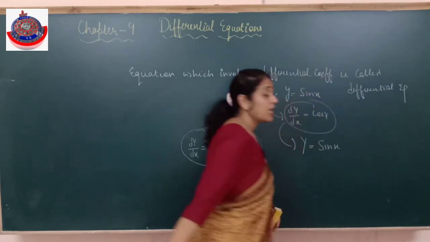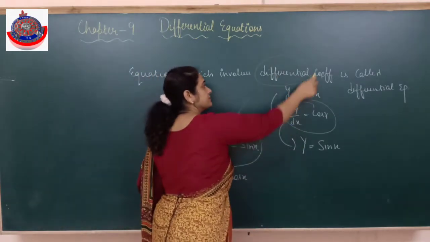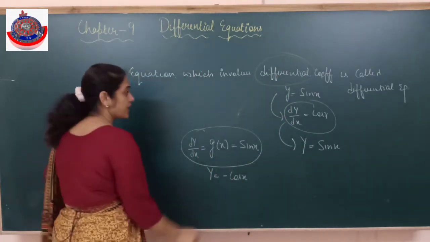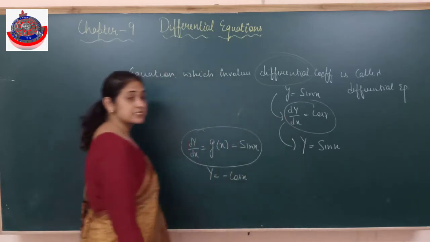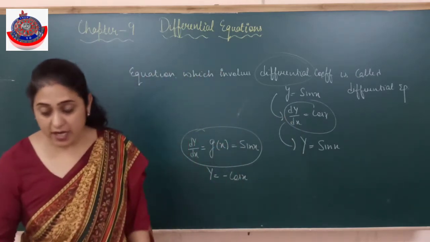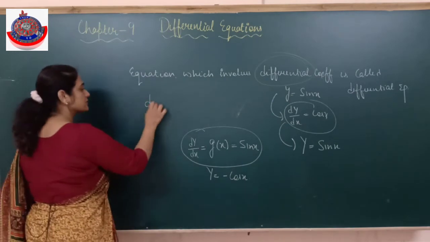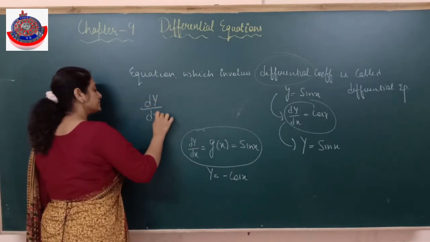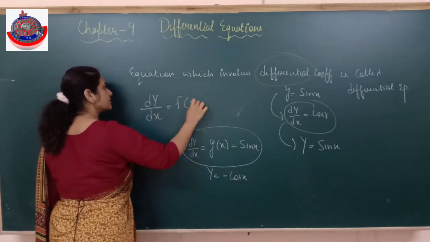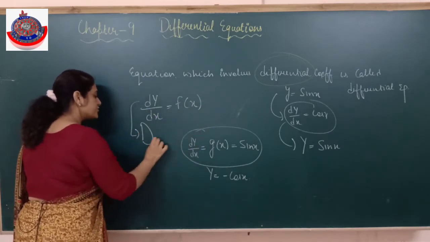That means simply, any equation in which we have differential coefficients like dy upon dx, that is called a differential equation. That means the form of the equation, this is called a differential equation.